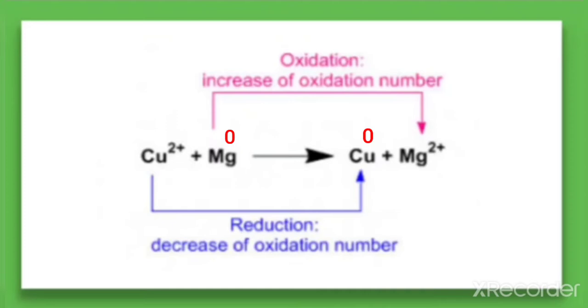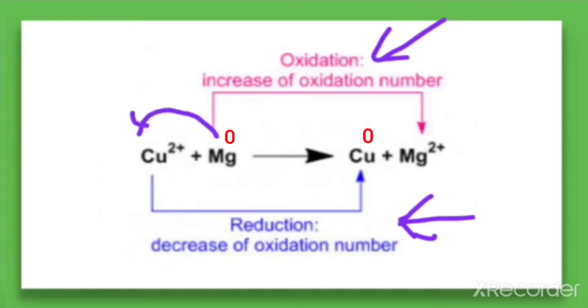Here in terms of electron transfer, we have already defined oxidation and reduction. That means one is losing the electron, the other one is gaining the electron. Here Mg loses the electron and that is gained by the copper ion.